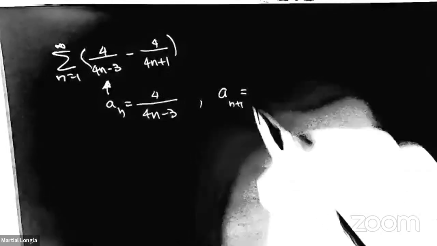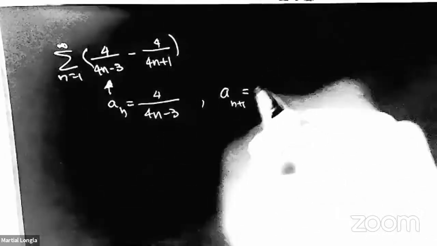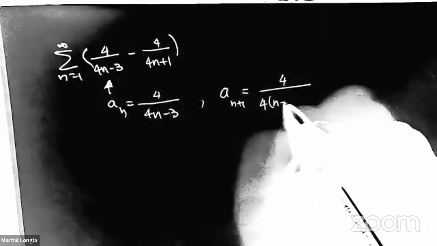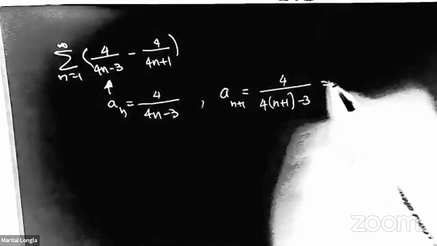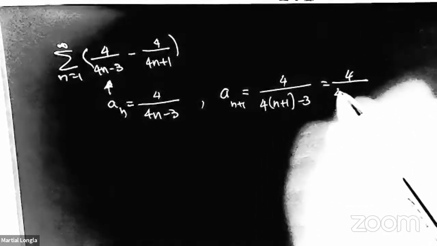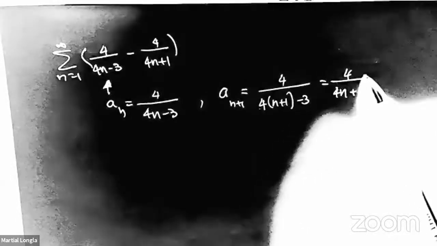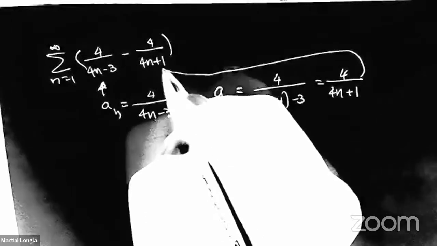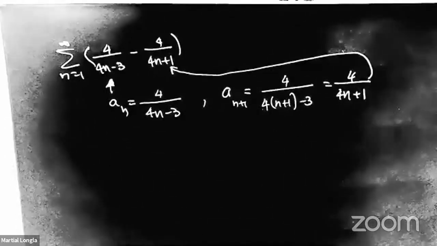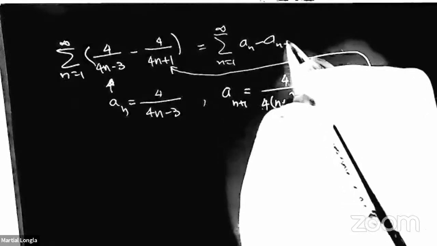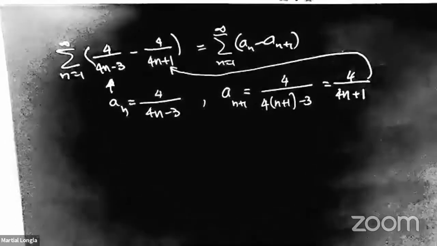And then you find an plus 1, plug in n plus 1 here for n and see what you get. That's 4 over 4 times n plus 1 minus 3, and this is 4 over 4n plus 4 minus 3, which is plus 1. So you can see that computing an plus 1 gives you exactly what you have here. So this thing is sum n from 1 to infinity of an minus an plus 1. That's why it is a telescoping series.